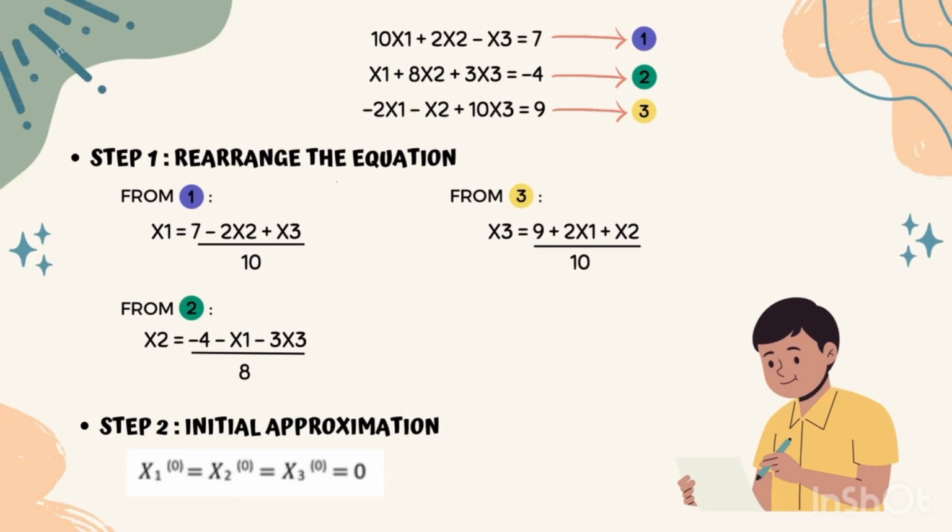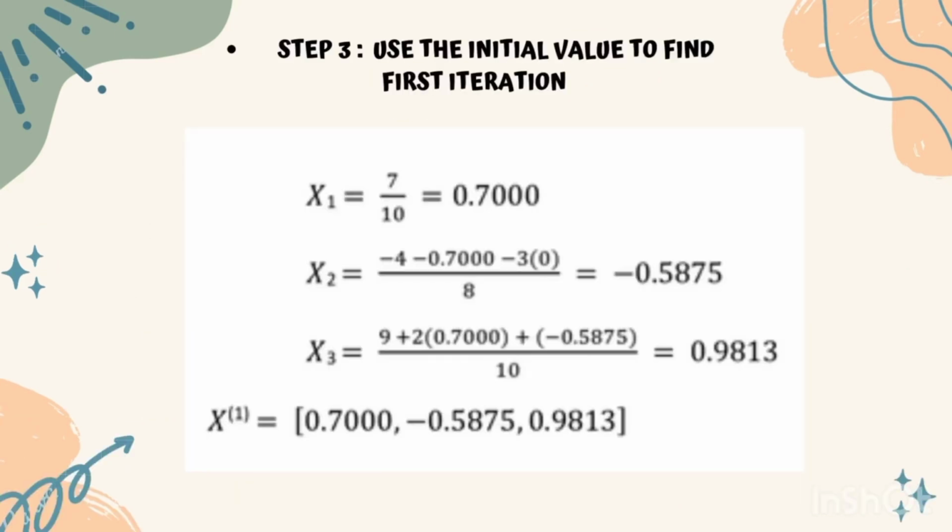Step 2, our initial approximation for x1, x2, x3 is equal to 0. Step 3, to find the value of x1, we need to use our initial approximation x2 and x3. By that, we get x1 equal to 0.7.